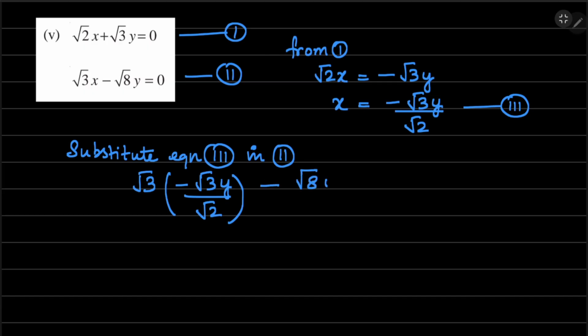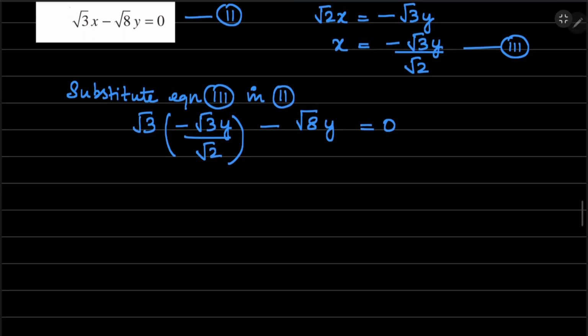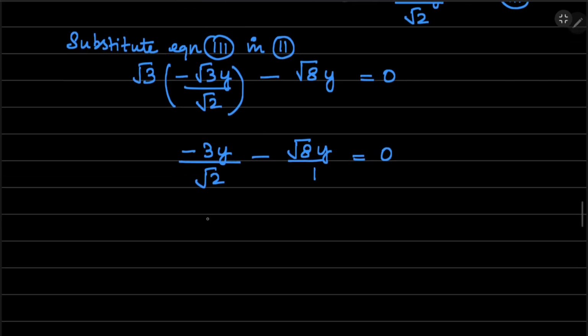Minus root 8y equal to 0. So we have to just solve it. Okay. So what is root 3 multiplied by minus root 3? Root 3 into root 3 is 3. So I can write it as minus 3y divided by root 2 minus root 8y divided by 1 equal to 0. Take the LCM as root 2.